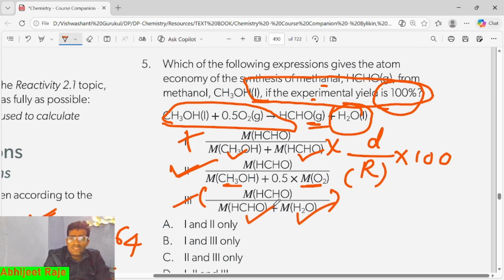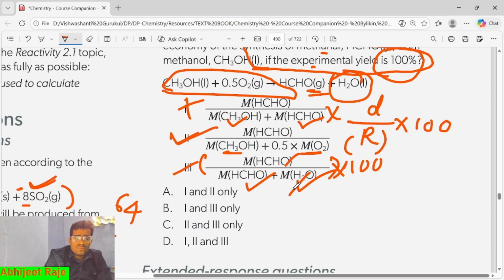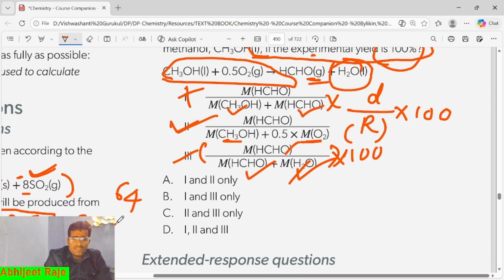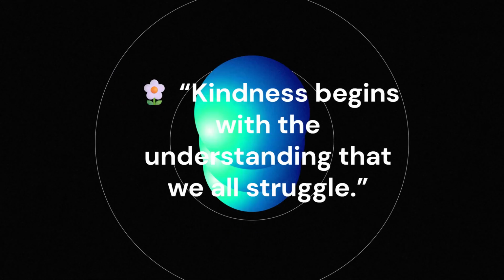So this methanol should come here, so it should get cancelled. So this is 100%, it means this should get cancelled. So between options 2 and 3, option C is correct. Thank you. I hope you have understood.